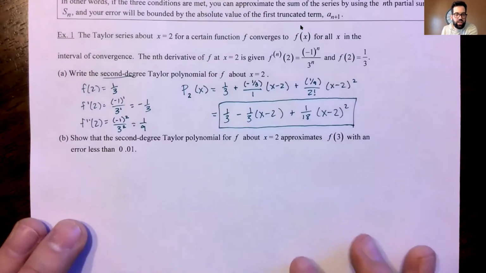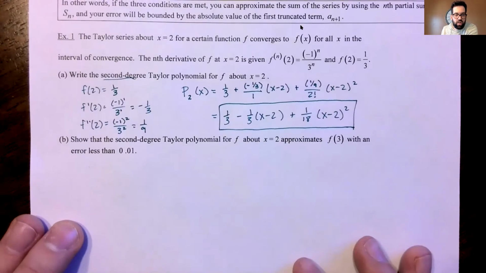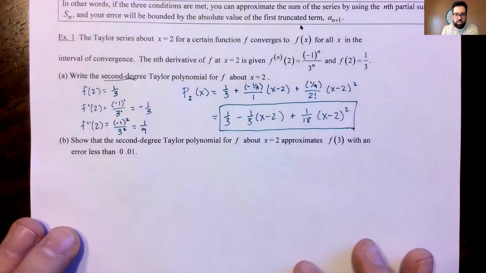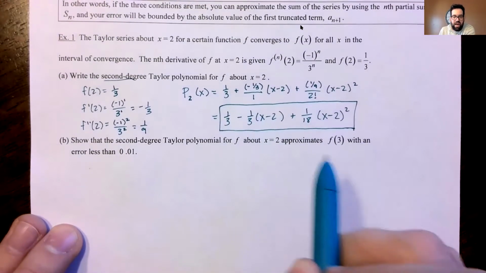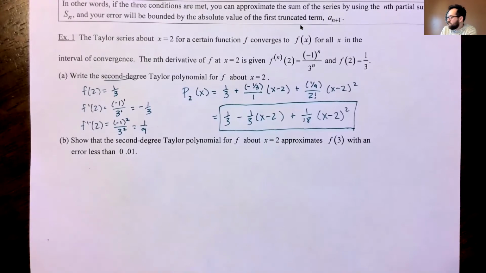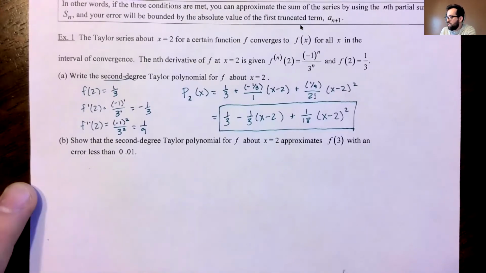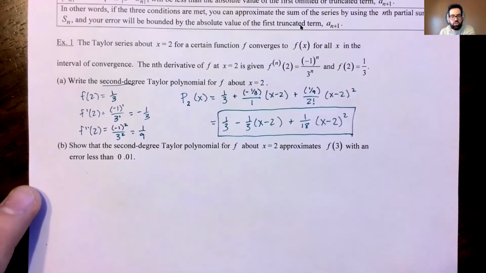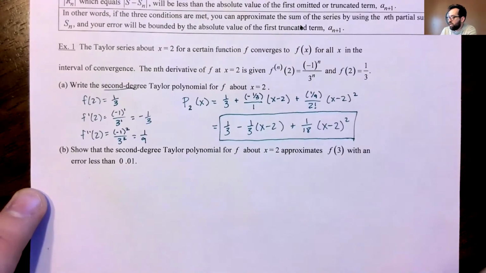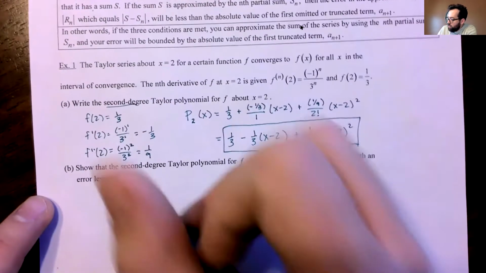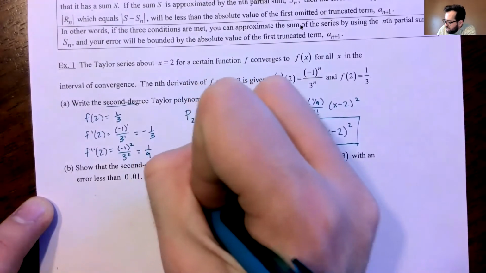Letter B, show that the second degree Taylor polynomial for f about x equals 2 approximates f of 3 with an error less than 0.01. All right, so question is this for certain, for sure, an alternating series? Let's check it.